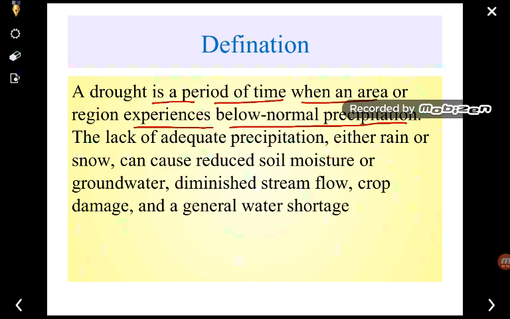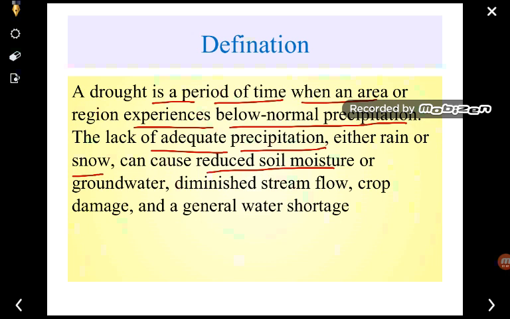So normally this drought is caused by the lack of adequate precipitation, meaning there is very little rainfall, either in the form of rain or in the form of snow, or it can cause reduced soil moisture. And because of this, what happens? The area which receives low rainfall, because of the less rainfall, you can see that the soil used to lose the moisture of the ground, and becomes dry.